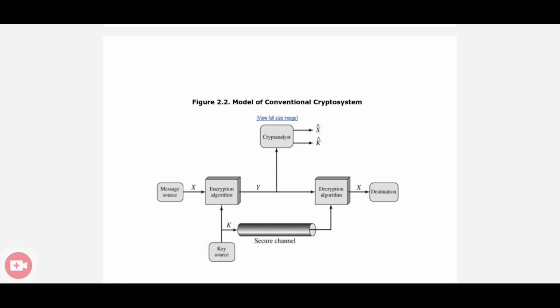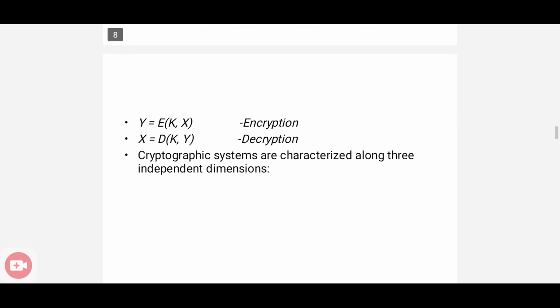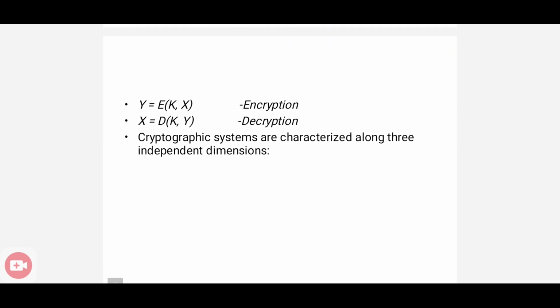So if there is a hacker or cryptanalyst that will act within the communication channel for hacking, that is actually encryption with the help of E(K, X), meaning encryption of K comma X. X is the original message, that is the plain text. K is the key value.